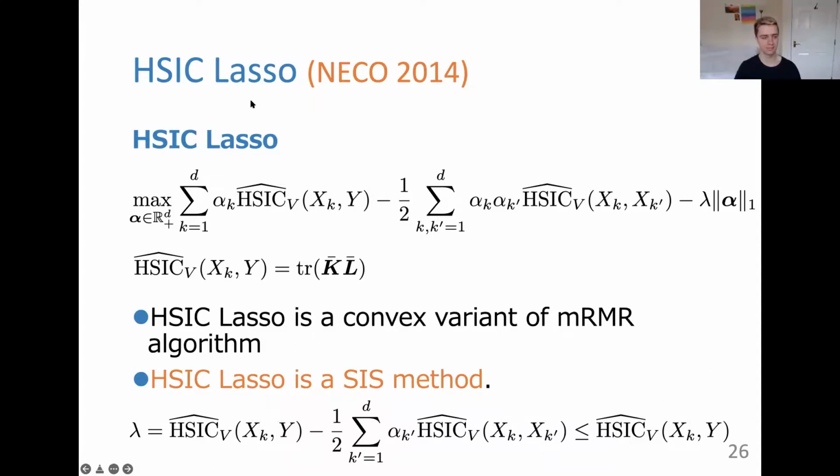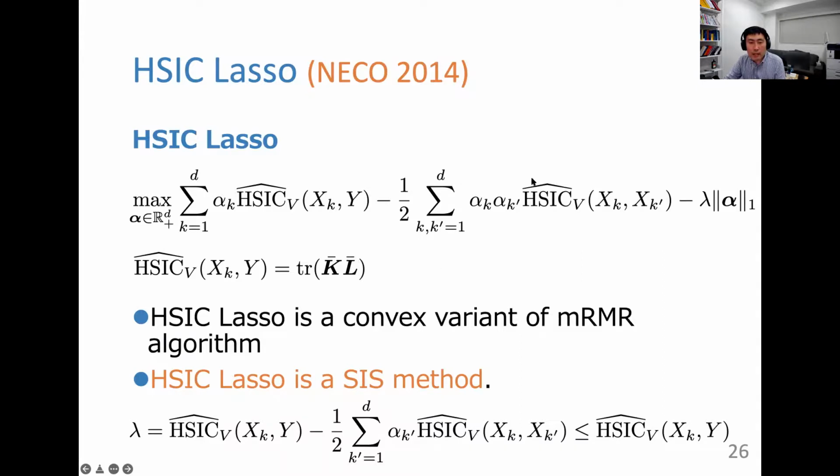So until now I explained sure independence screening, but we can use other types of methods. Here I introduced the HSIC lasso, which I developed before. This one is a bit more complicated than the screening-based method.